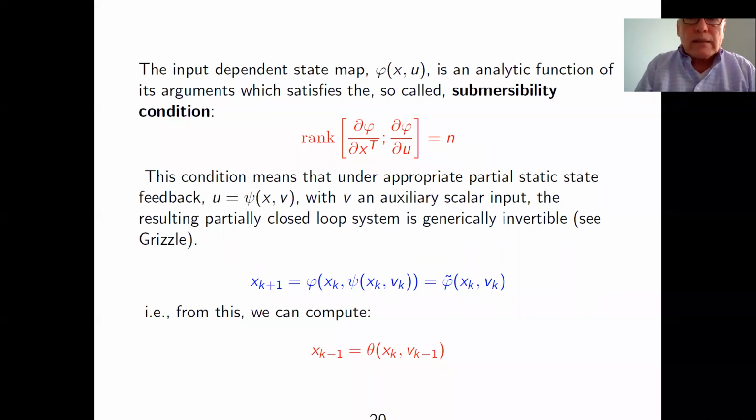The first thing is that you gain invertibility of the nonlinear dynamics. If this condition is not put there, then you still will be able to gain invertibility, but at the expense of a lot of operations. And we want to avoid that.